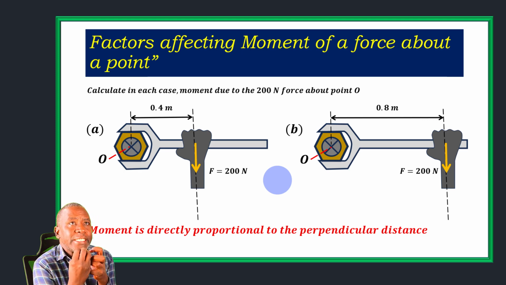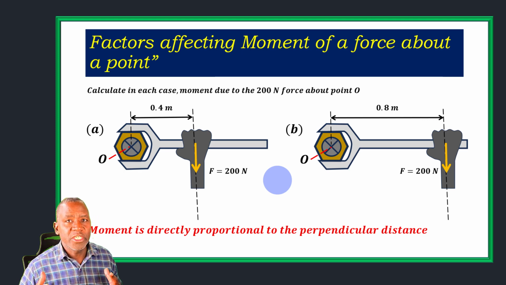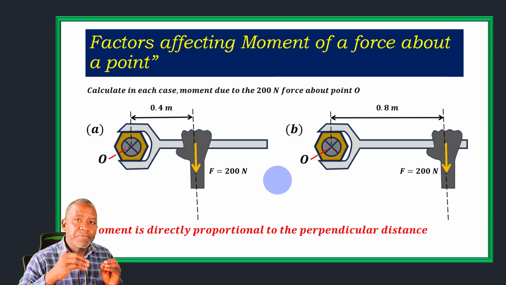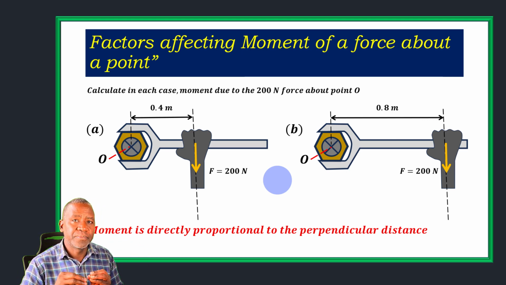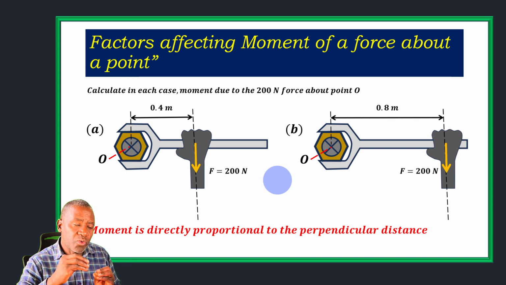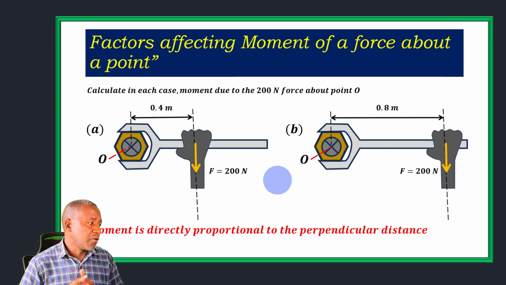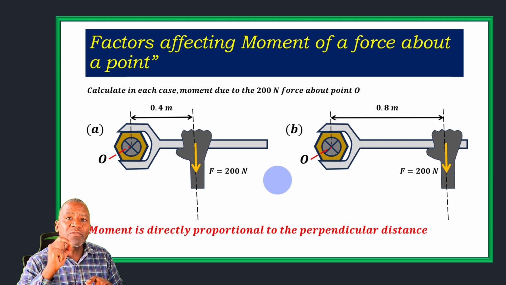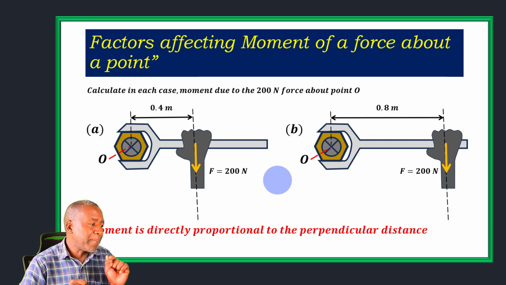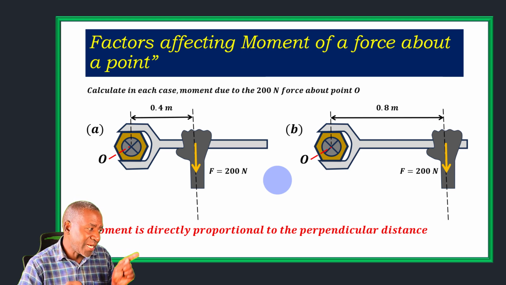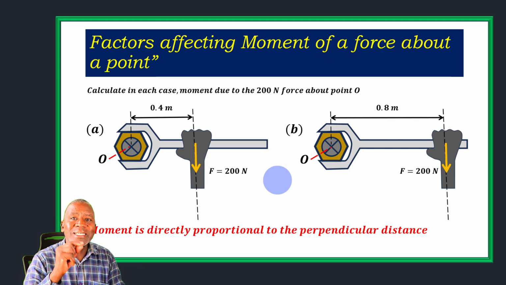Direct proportionality between two physical quantities means that if this physical quantity is doubled, this one is going to double. If this variable, which is referred to as distance, is doubled, then the moment, which is affected by the distance, is going to double. So, one of the factors which affect moment of a force about a point is the perpendicular distance from the point to the line of action of the force.